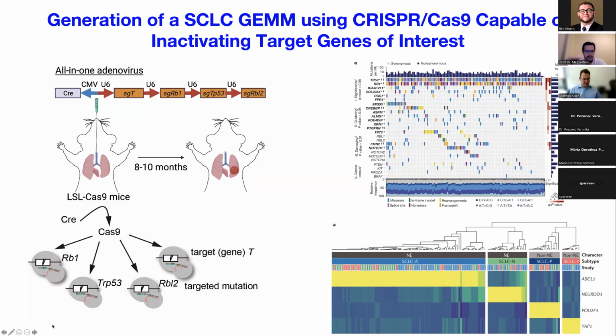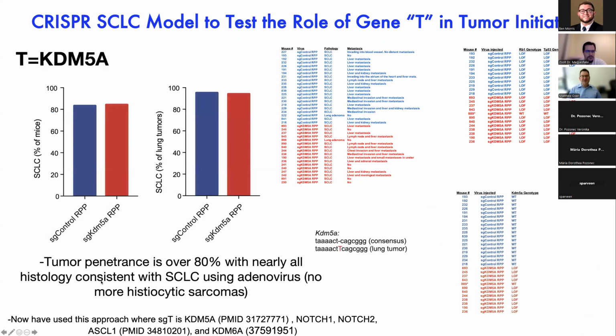So we initially did this at the time I was still finishing my postdoctoral fellowship. We were interested in this histone demethylase KDM5A that interacts with RB. And we had in vitro data to show that there's an epistatic relationship between RB and KDM5A, that when RB is lost, cells become dependent on this KDM5A histone demethylase.